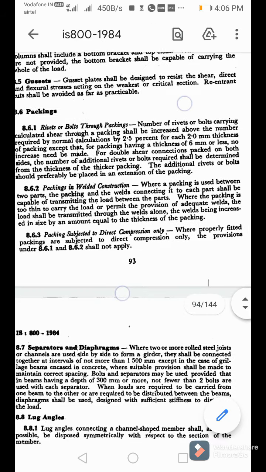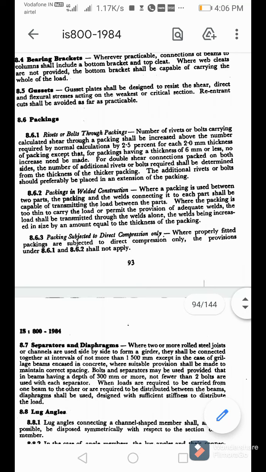So on the packing, how many rivets and bolts will we provide? The number of rivets and bolts carrying calculated shear through packing shall be increased above the number required by normal calculation by 2.5% for each 2 mm thickness of packing, except that. Okay, so by using the design we are going to find the number of rivets.